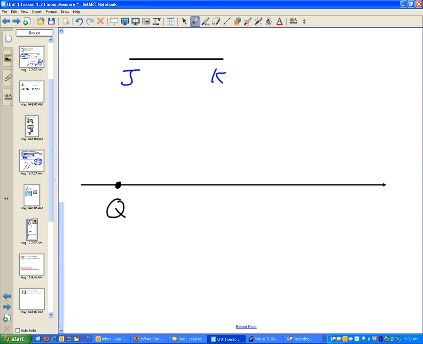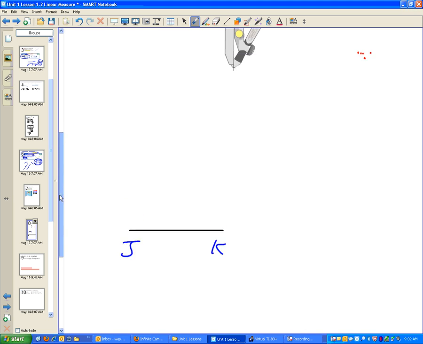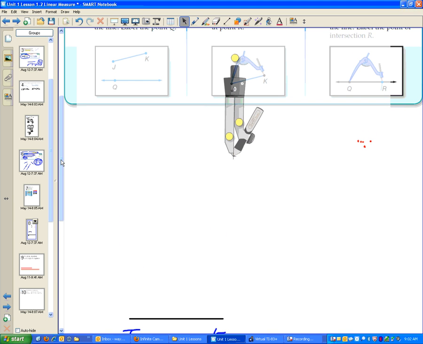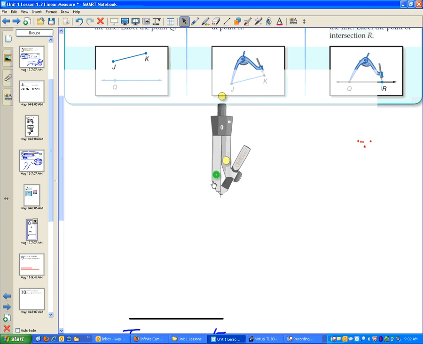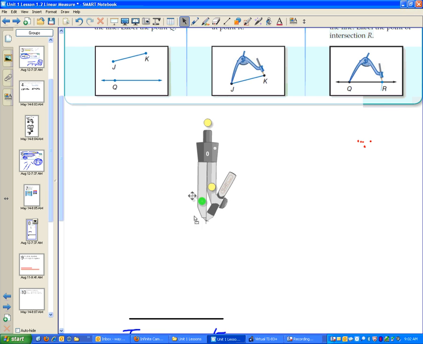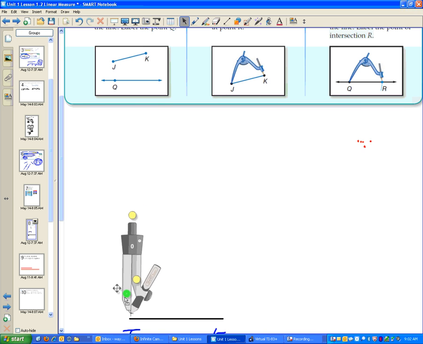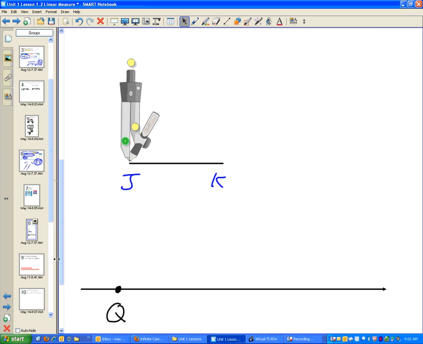Step 2, place the compass at point J and adjust the compass setting so that the pencil is at point K. So we take our compass and move it down here, and we put one end of it right there on J. I'll go over this again once you have it in your hand.